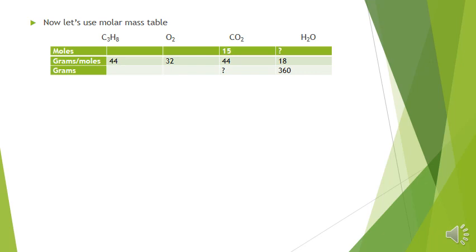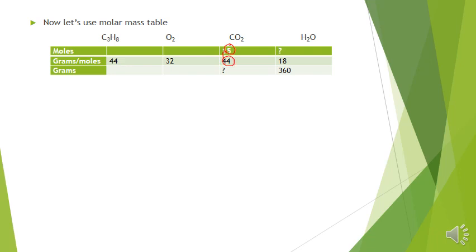Okay, so let's do the previous 2 problems using a molar mass table. Again, this is not a chemical equation. You notice there are no coefficients. All it is is molar masses. So the first problem says I have 15 moles of carbon dioxide, and I want to know how many grams that is. Each one weighs 44.